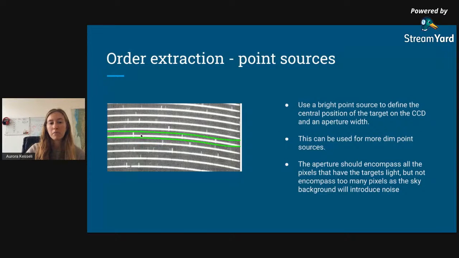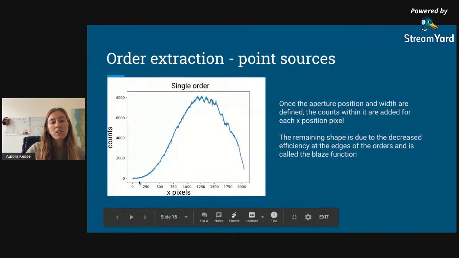Let's just say we extracted the order between the green lines, and we've added up the flux in the y direction at each x pixel. So here we have the x pixels going from one side of the CCD all the way to the other side of the CCD. And at the edges of the CCD, you can see that we get fewer counts, and at the center we get more counts.